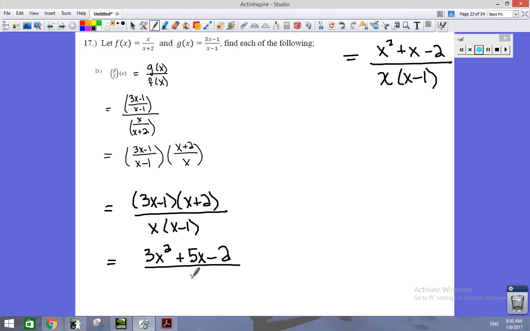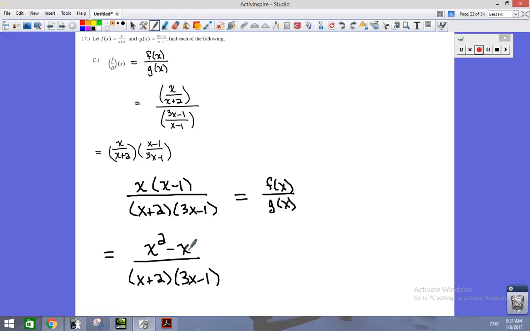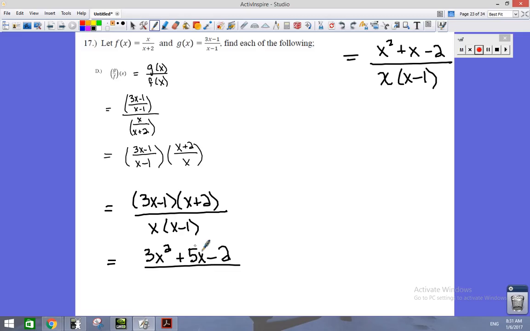over, how come I didn't get the same answer as before? Maybe I made a mistake over there, darn it. Well, I don't want to redo this whole video. Okay, I should have been able to take the reciprocal. The reciprocal of this answer should be that 3x minus 1, x plus 2.